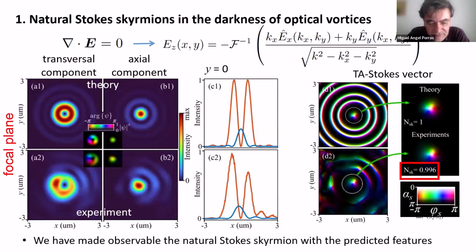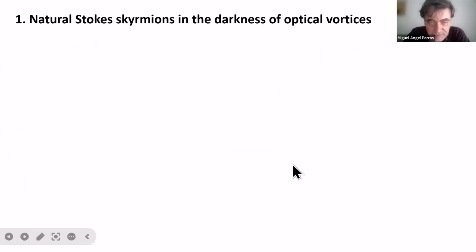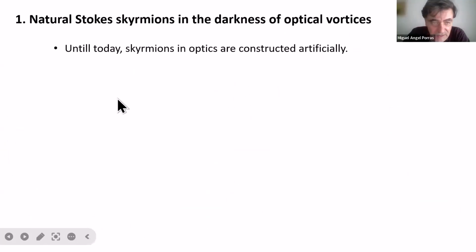So, in short, in this first part, we have made observable this different type of Stokes skyrmion called natural skyrmion with the predicted features. This is the first part of this work and a kind of preliminary summary.